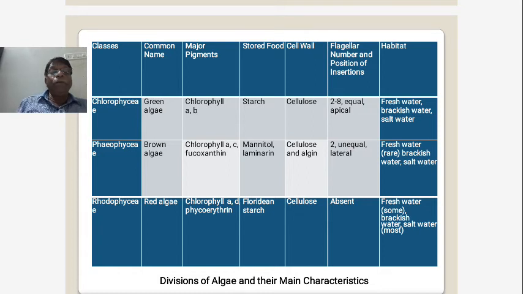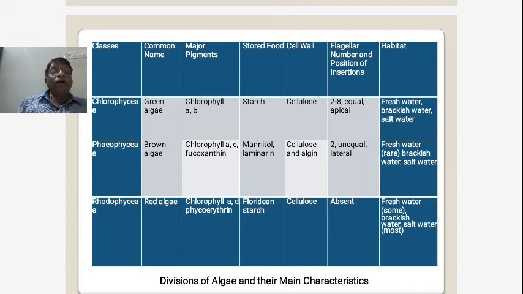A very important characteristic feature and a highly advanced character of the class Rhodophyceae. So, for example, when the sex organs produce gametes, these gametes are actually non-motile, just like angiosperms.